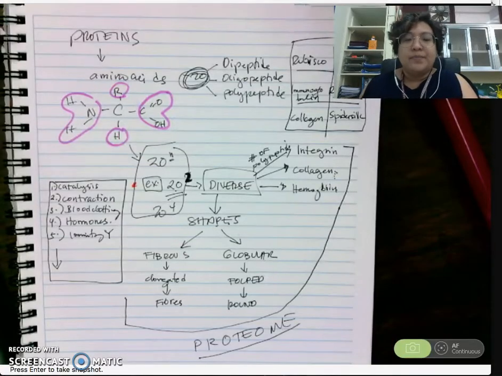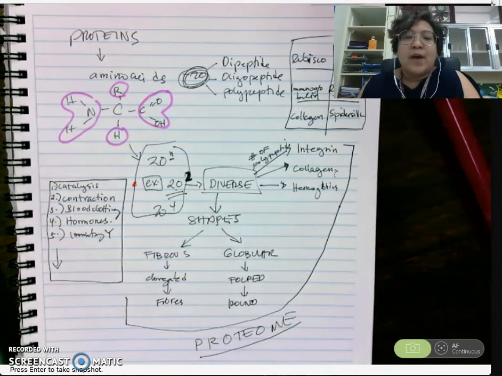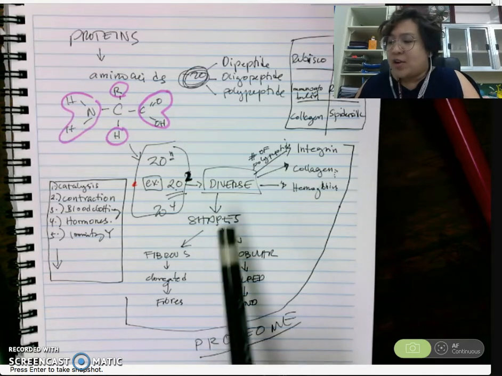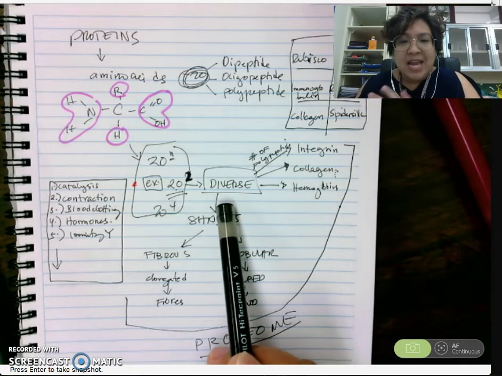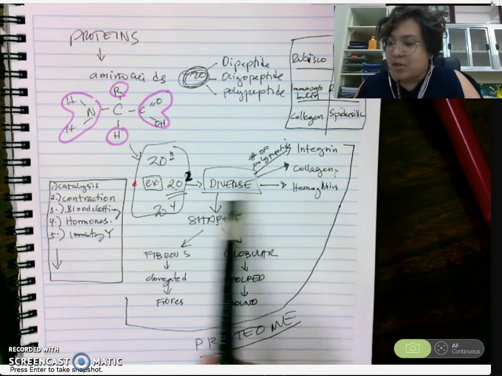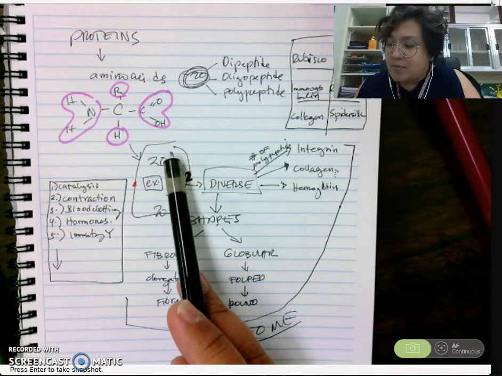Okay, now you have, as mentioned, 20 different types of amino acids. You only have 20 amino acids, but they can actually form very diverse, many kinds of proteins. The magic number you have to remember is 20 raised to the power of n, n being the number of amino acids.